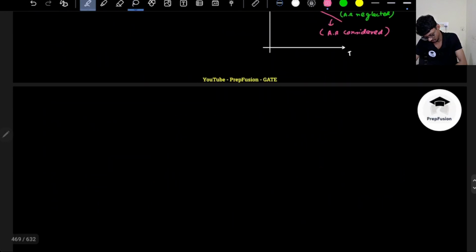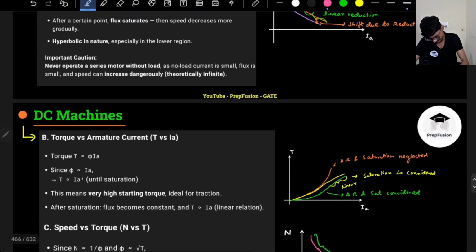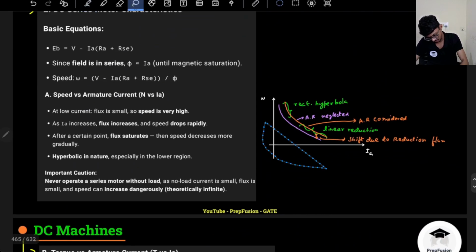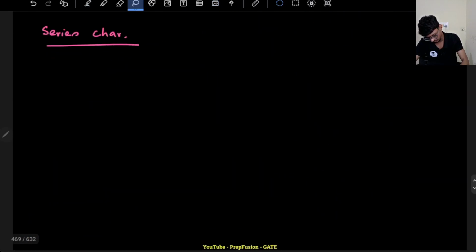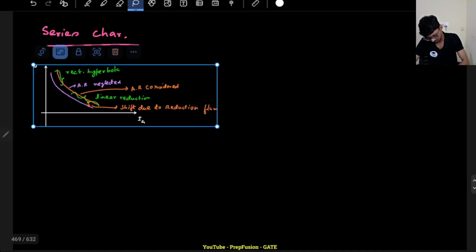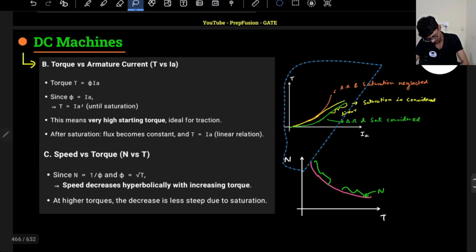And the series characteristics are these: speed, torque, and the other two, torque, speed.